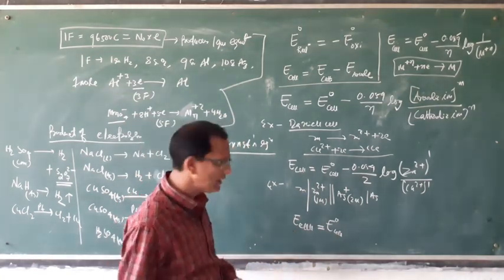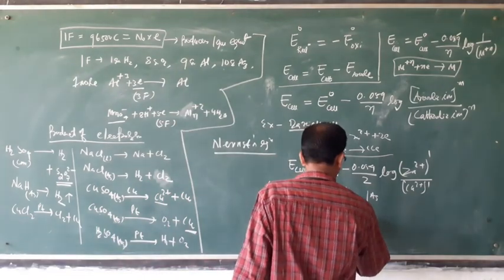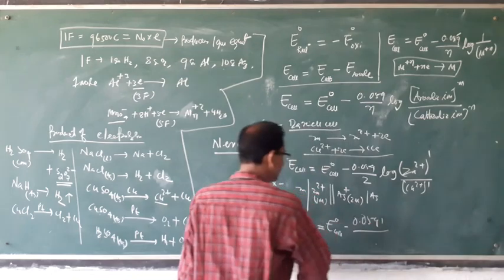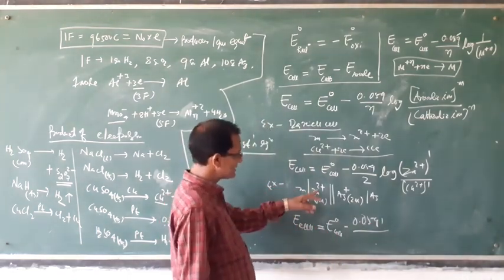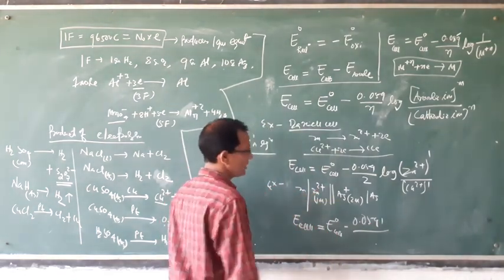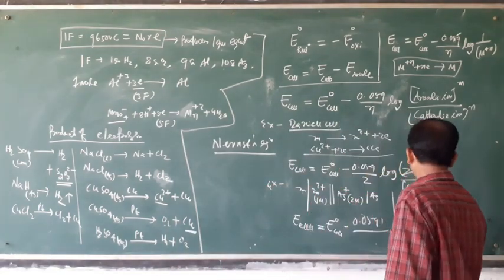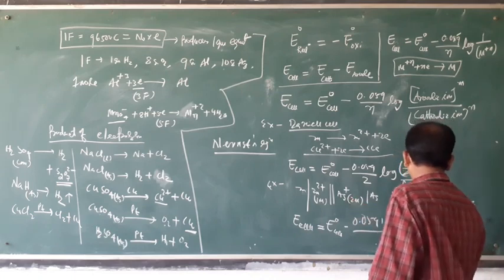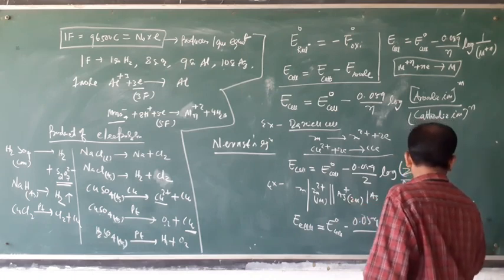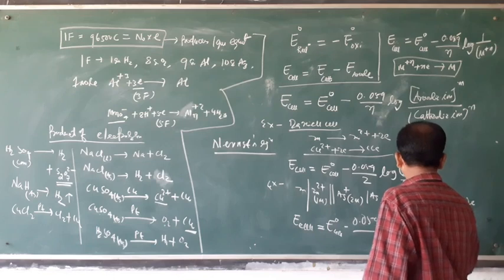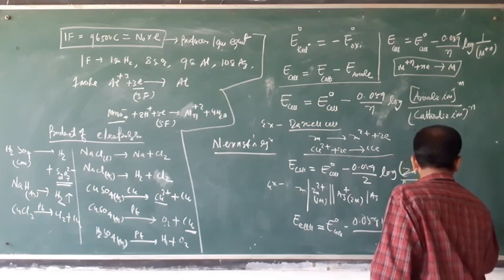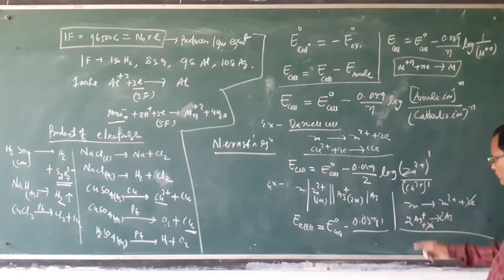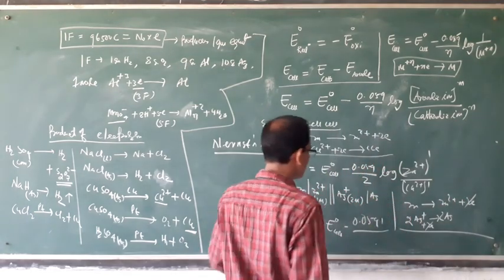If it is directly given, you can put it, minus 0.0591 upon n. What is the n value? As it is Zn2+ and Ag+, if you balance it, Zn changes to Zn2+ plus 2e, then Ag+ changes to Ag, then you multiply by 2 here, so 2 electrons come to 2 Ag. The 2 electrons cancel, so 2 Ag+ is involved. So what is the anodic ion?